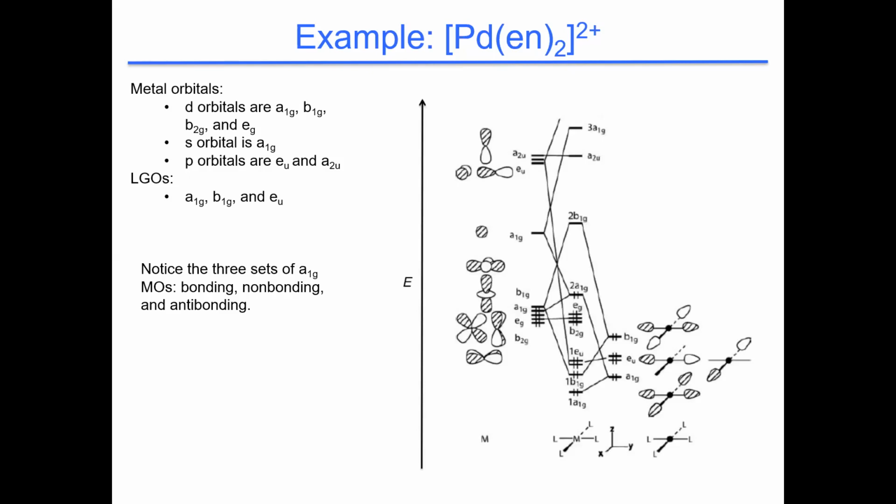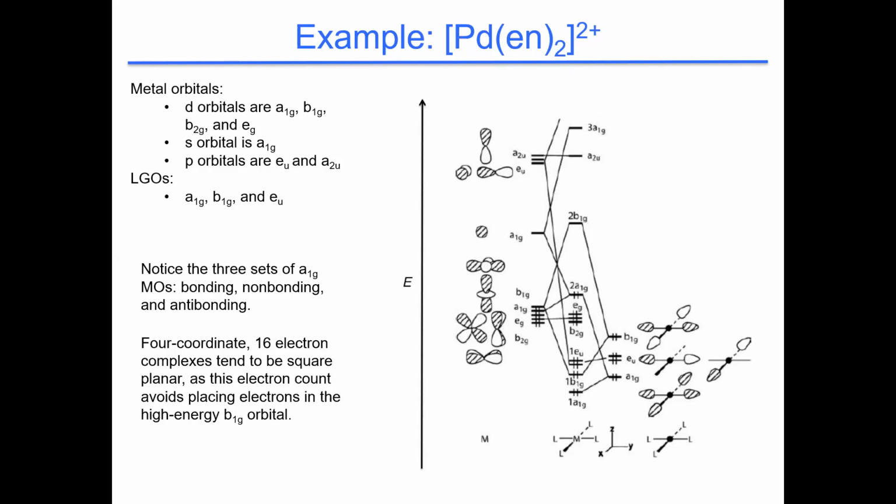Notice that there are 3 sets of A1g MOs, so there's bonding, non-bonding, and anti-bonding. 4-coordinate 16 electron complexes tend to be square planar, since this electron count avoids placing electrons in the high energy B1g orbital.